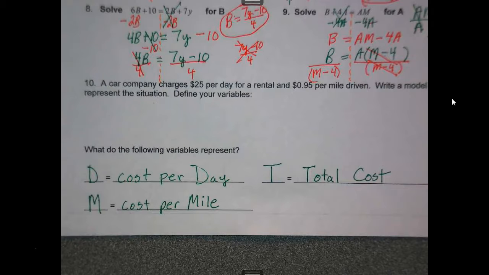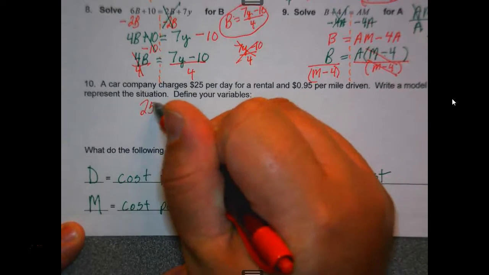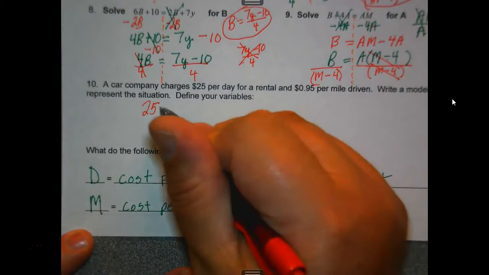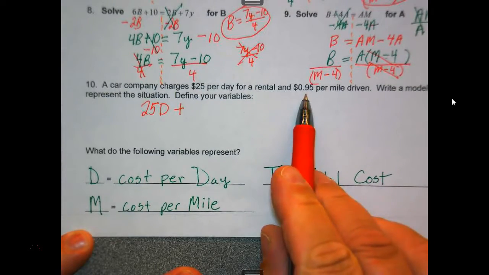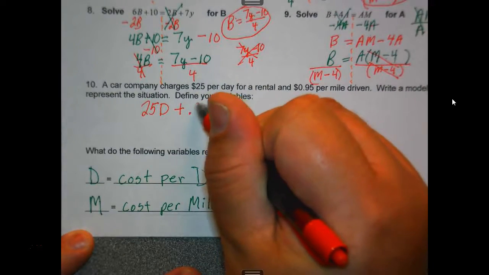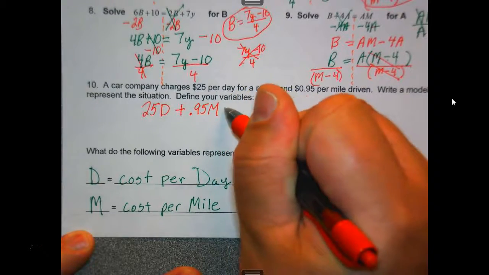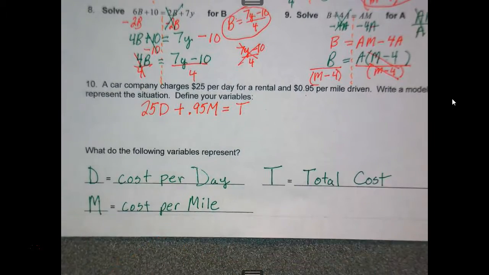Then it says write a model to represent this. Well, $25 per day, my variable for day is D, plus my mileage, which is 95 cents per mile. It's going to equal my total cost, T.